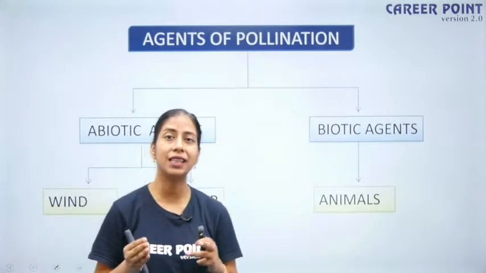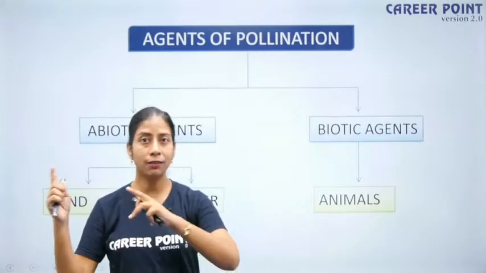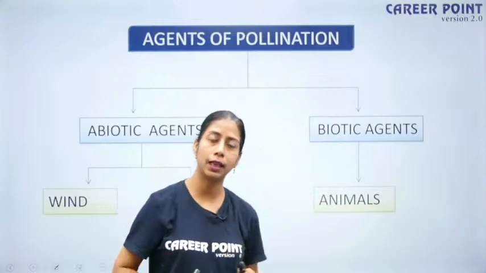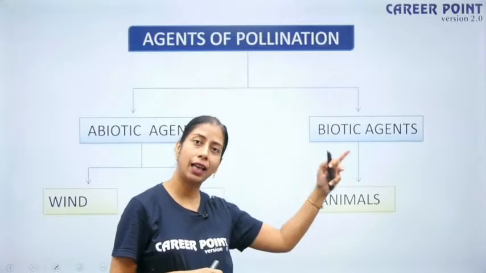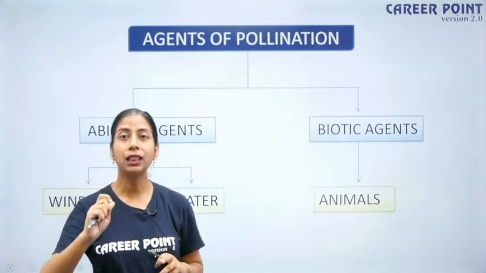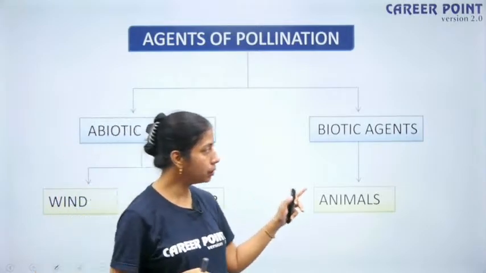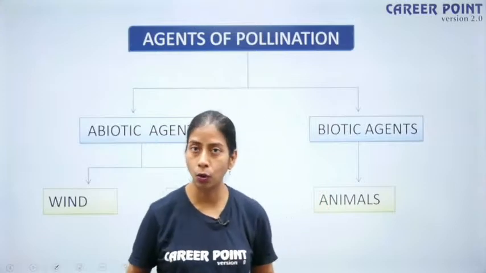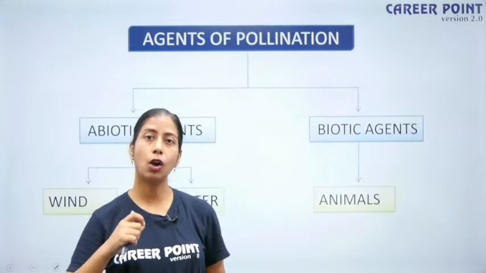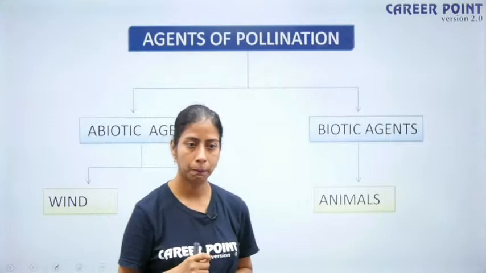Somewhere the pollen sticks to their body, और जब वो move करते हैं एक से दूसरी जगह, the pollens are carried along with their body and the pollens are transferred. तो इस तरह से animals are playing role in the transferring of pollen grains, right?